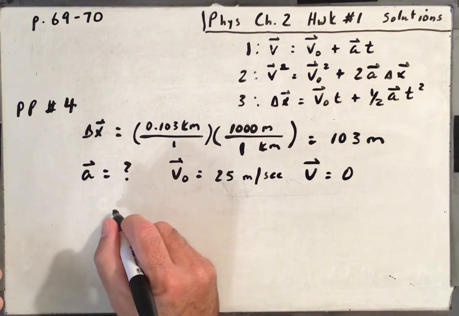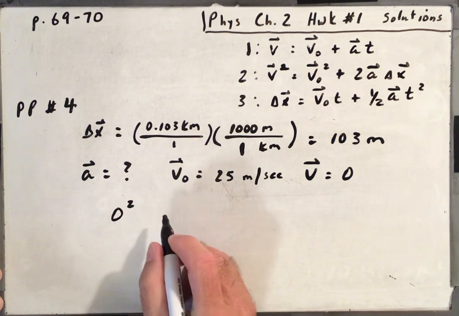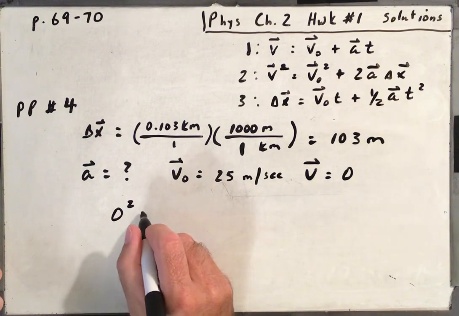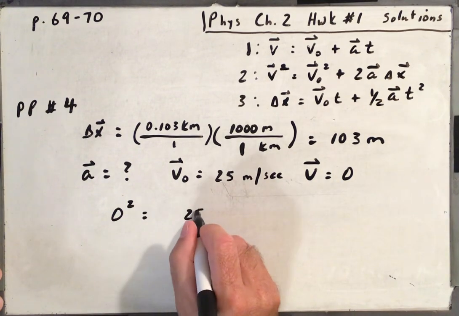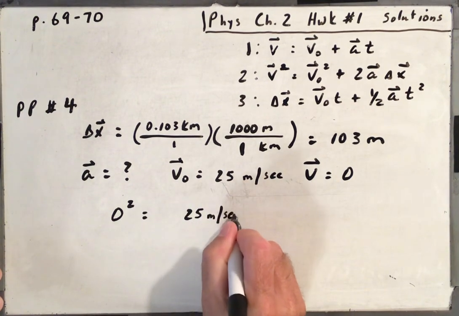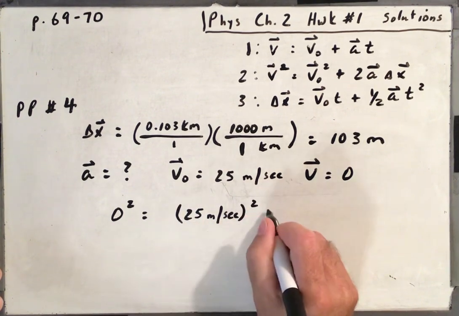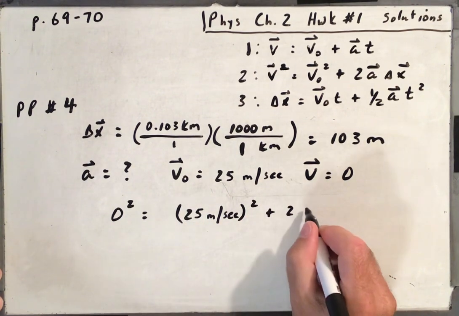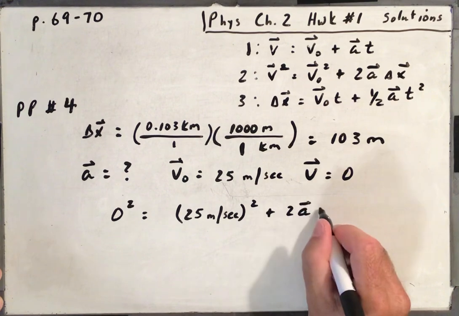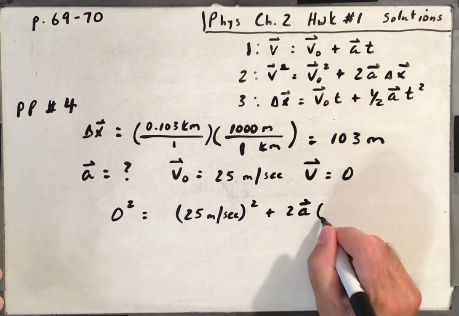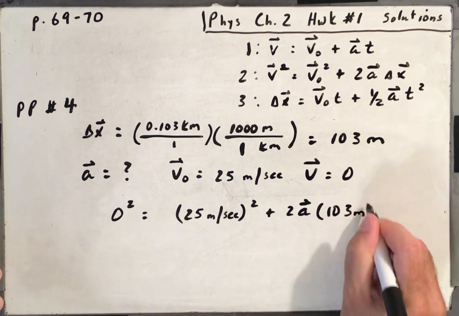So I would have 0 squared, the final velocity squared, is equal to 25 meters per second squared plus 2 times the acceleration times 103 meters delta x.